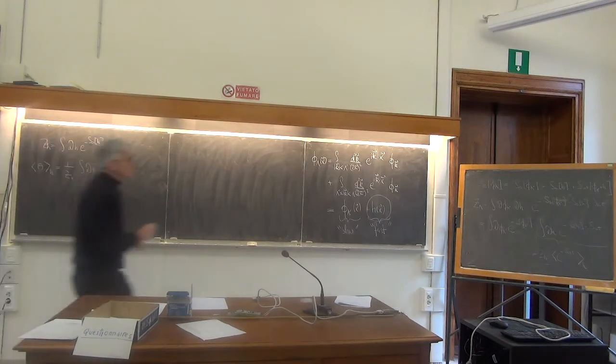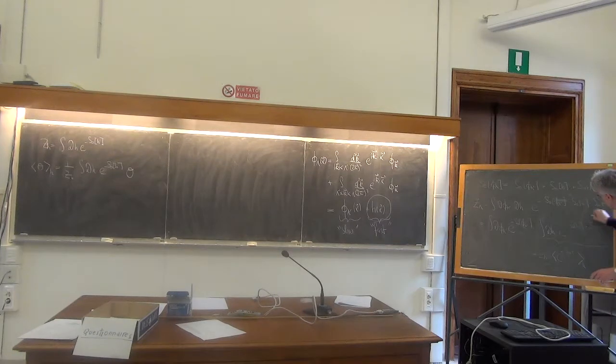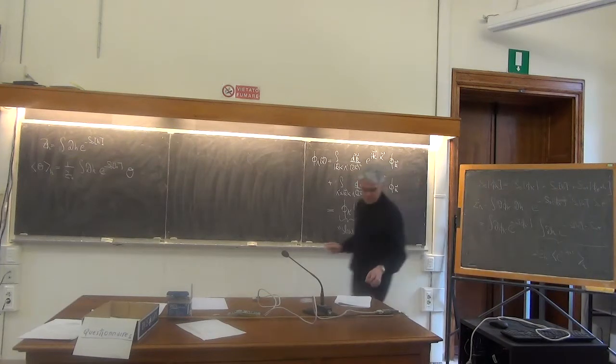So what we have to do, in other words, is average this interaction piece with regards to these fast degrees of freedom.